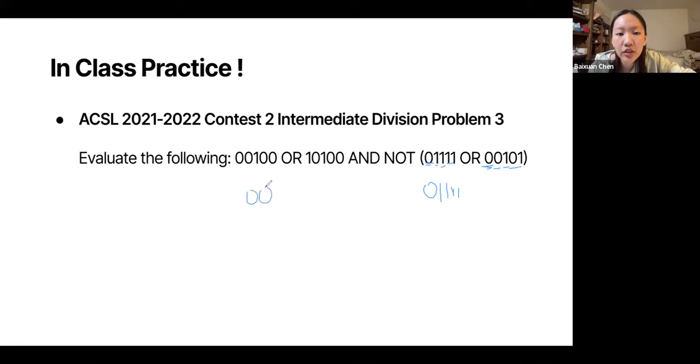So then we put this into the expression. It will be 0, 0, 1, 0, 0 OR 1, 0, 1, 0, 0 AND NOT this one. Next we follow order of operations, and remember NOT comes first. So we're going to do NOT 0, 1, 1, 1, 1, right? So we go to the opposite of each.